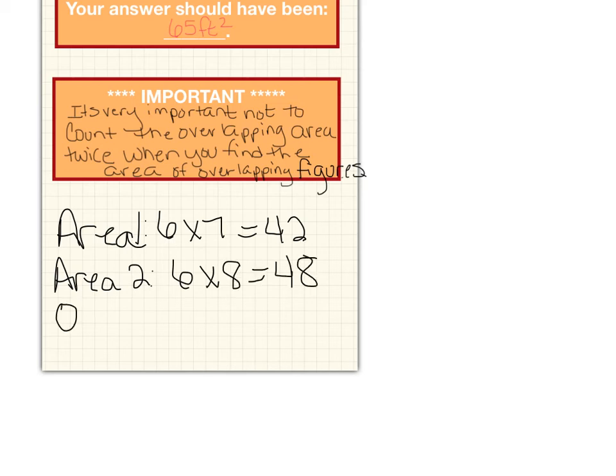Our overlapping area was, let's see here, 5 times, and it looks like it was a square, so it should have been 5 by 5.